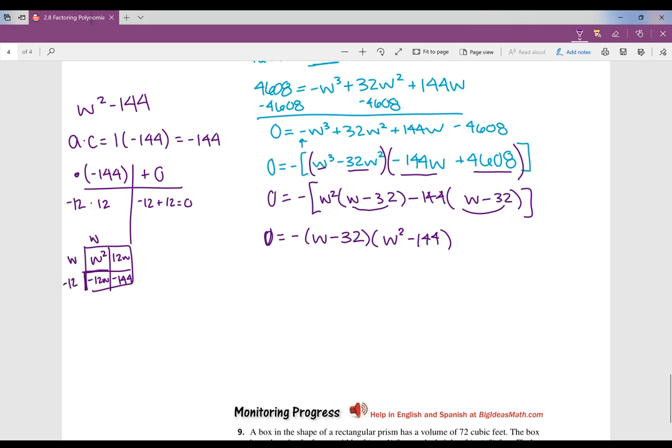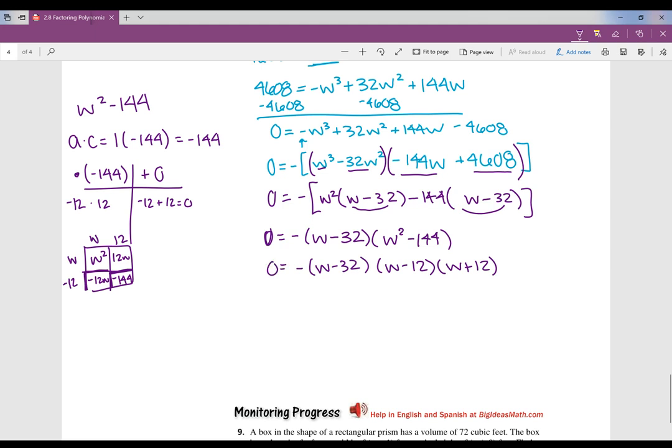Negative 12. If that side's negative 12, what's this side going to be? Positive 12. Double check. W times 12, is that 12W? Yes. So W squared minus 144 factors to W minus 12 times W plus 12. And we still have our W minus 32 and our negative.